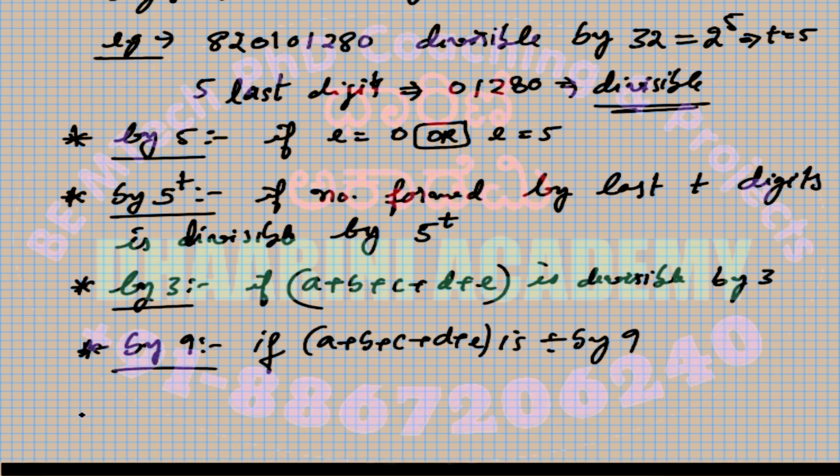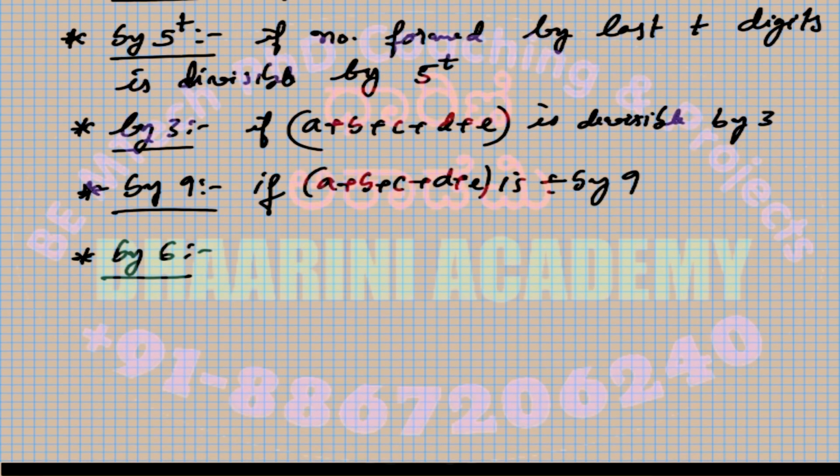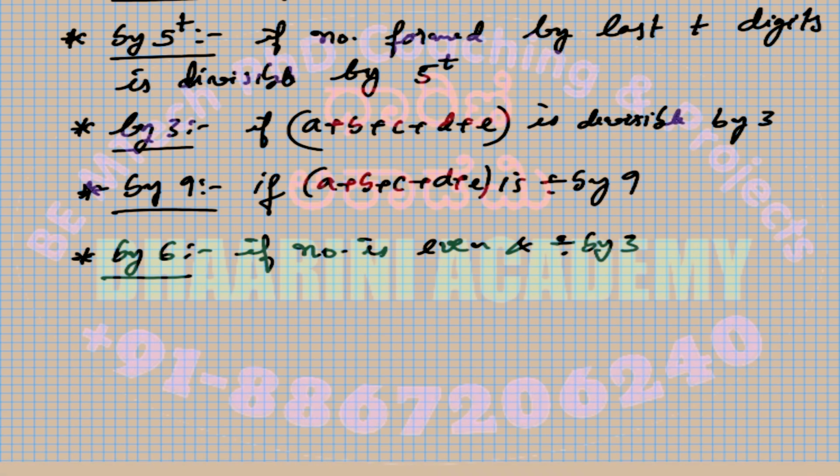Next one, I just want to check by 6. If you want to check that by 6, if the number is even and divisible by 3, whichever number is even and divisible by 3, they also get divisible by 6.